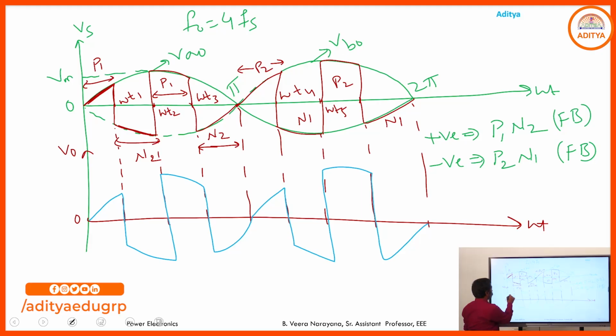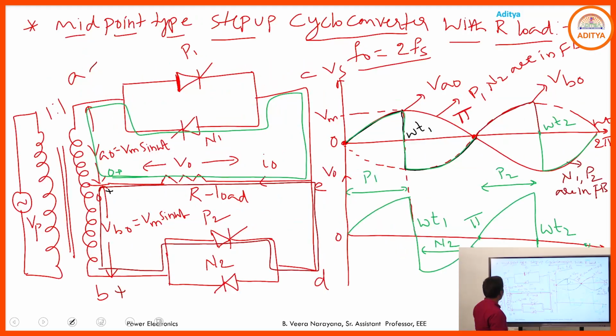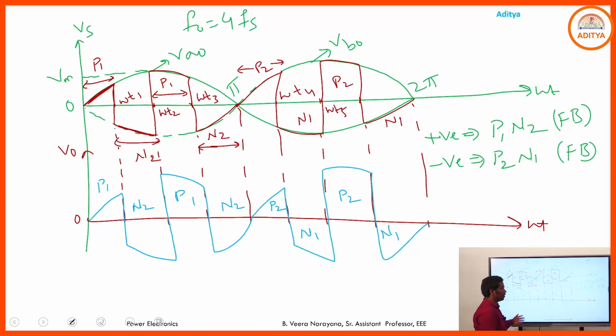Here this is due to the conduction of P1, N2, P1, N2, and again here P2, N1, P2, N1. That is the simple representation of output voltage. If P2 is in the on state, simply we follow the VB0. If N1 is in the on state, we follow the VA0. Why? Because P1, N1 are related to the VA0, P2, N2 are related to the VB0.